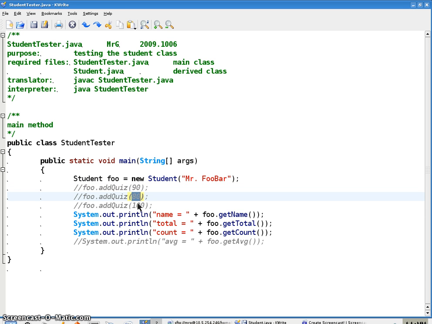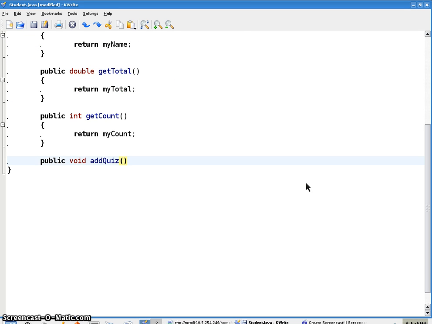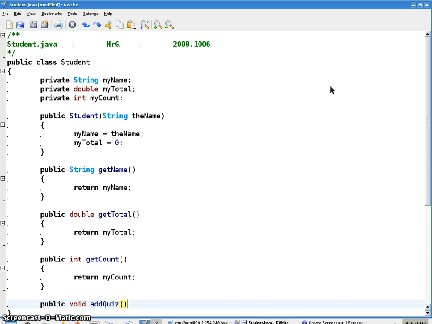Now look, these all look like ints, but do they have to be? I guess they don't have to be. By the way, be careful, look at your naughty bits. Do you remember why we made my total a double, even though we're entering ints like 90? Why is that an issue?